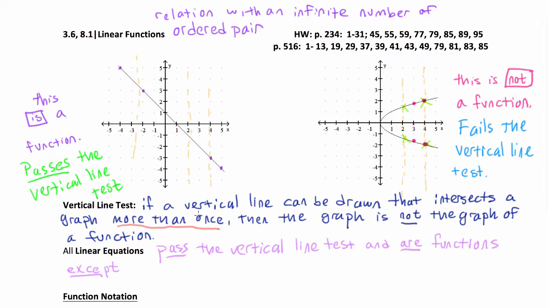What linear function would fail the vertical line test? It is a vertical line.